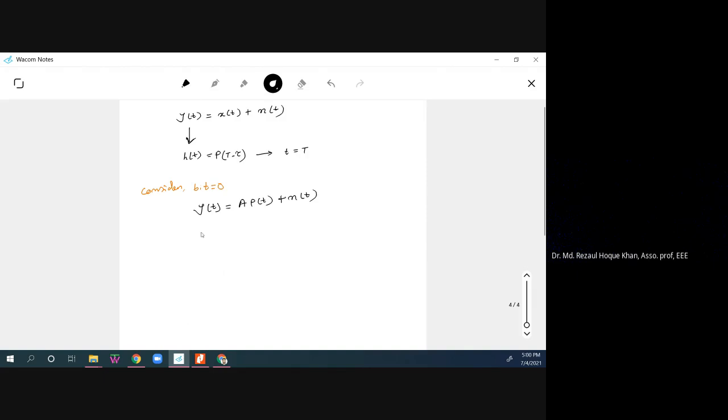So what is the RT signal after the matched filter?